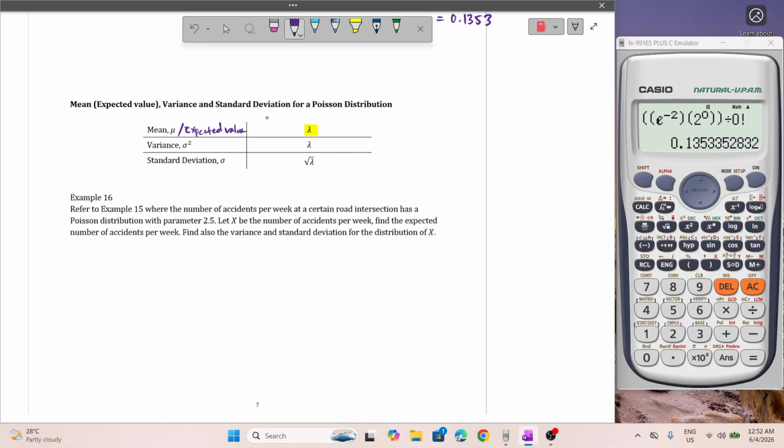So don't get confused if in a quiz or test later on the question mentions expected value instead of mean. It is the same thing. Expected value is the mean. And the variance for a Poisson distribution is also lambda, and the standard deviation is the square root of lambda.